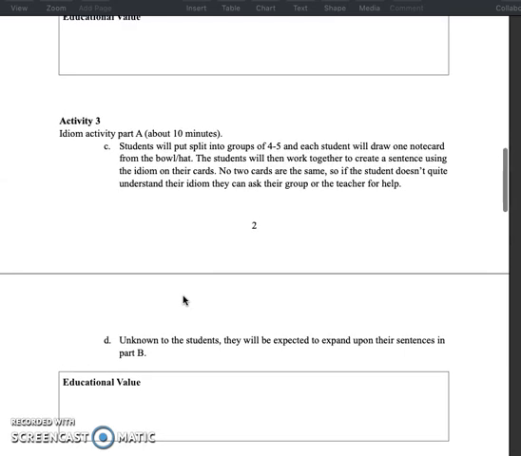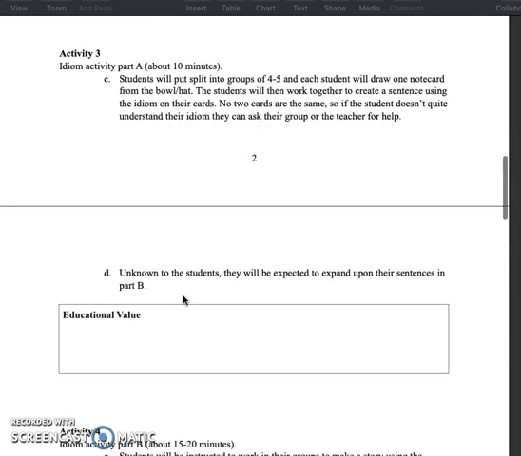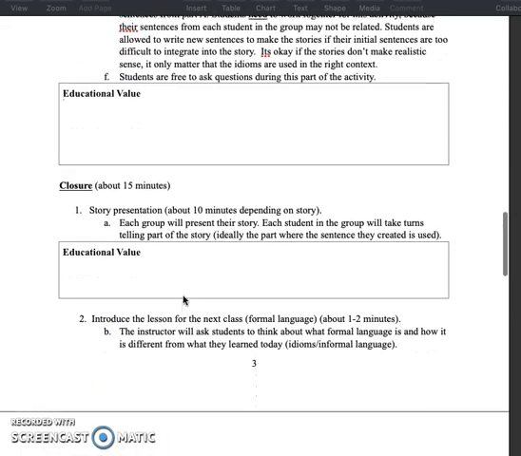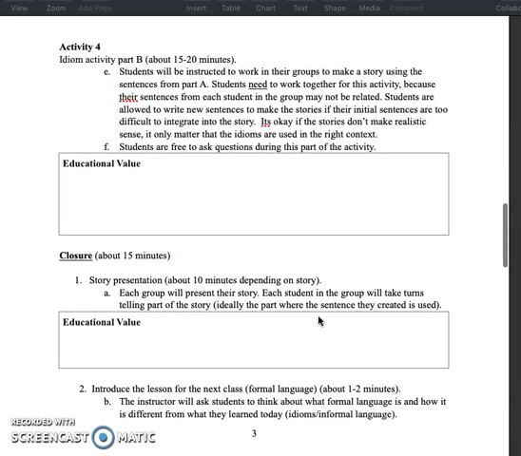They're continuously working with note cards. I would include a lesson where maybe the note cards are at the beginning, and then do a fun activity using the idioms and how you use them and when you should use them. And then story presentation, I think that that's a good lead up to a closure, especially after activity 4.